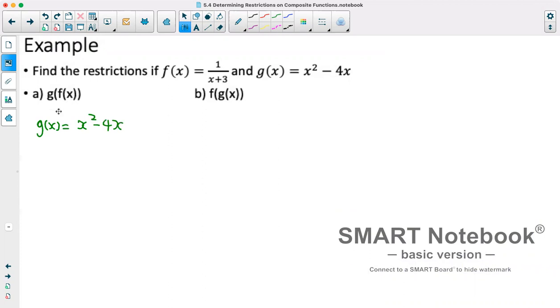And then we're going to insert this inner function into it. So that would be g of 1 over x plus 3. So everywhere we have an x, we're substituting in 1 over x plus 3. So we have 1 over x plus 3 squared minus 4 times 1 over x plus 3. So from this, we can see that x cannot equal -3.